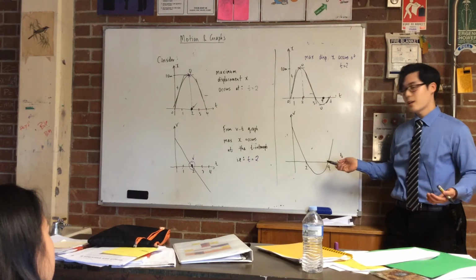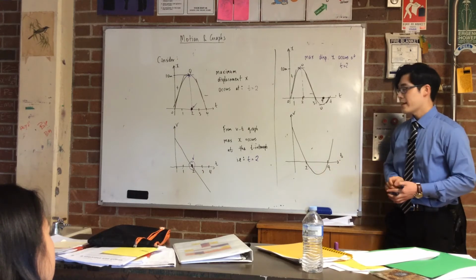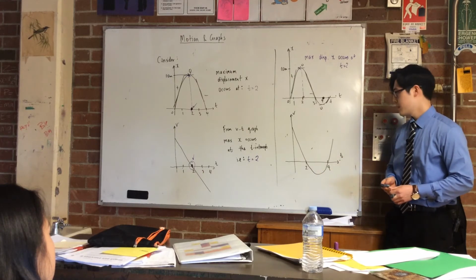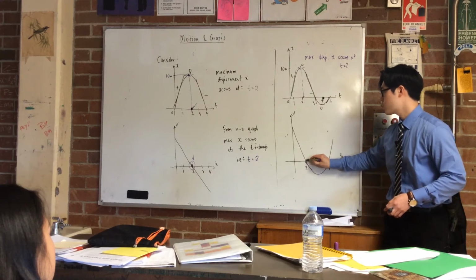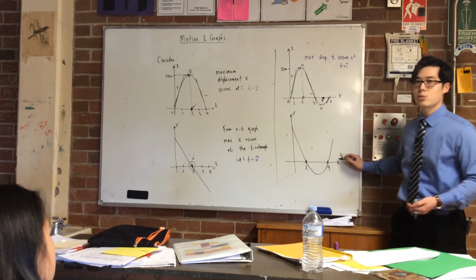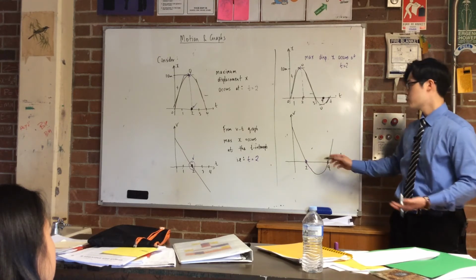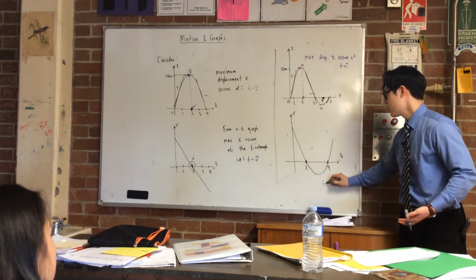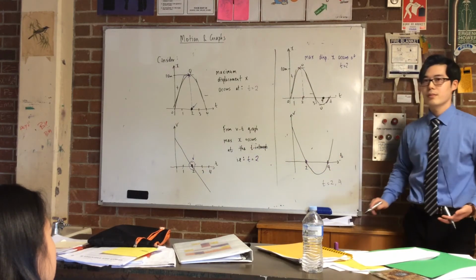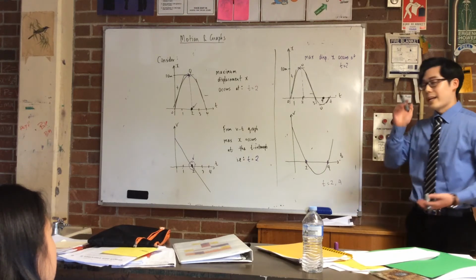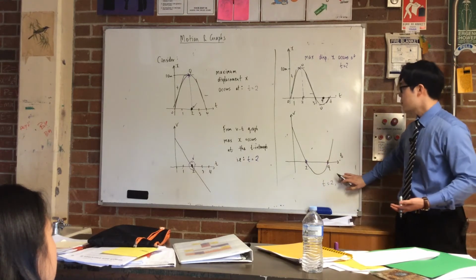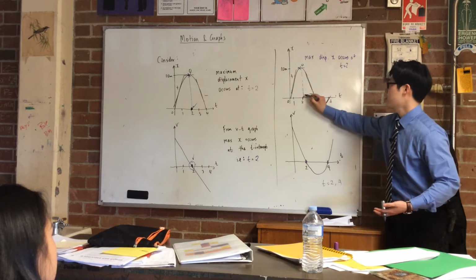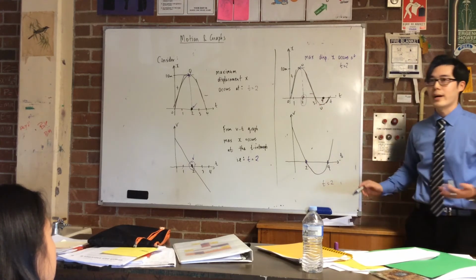Girls, if this was the velocity graph, and they asked you for the maximum displacement, notice how this time we got 2 t-intercepts. The question is, which one do you choose? Because here we only had 1 and that was straightforward. But here you've got the option of t equals 2 and 4. The answer is obviously 2, but why is it 2 and not 4?